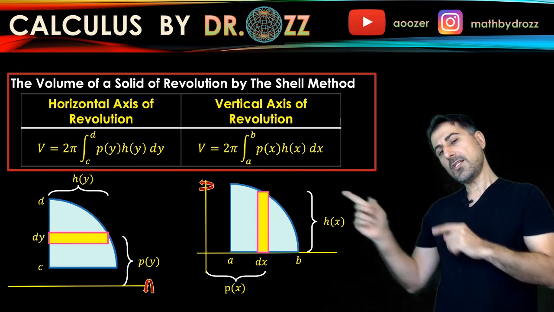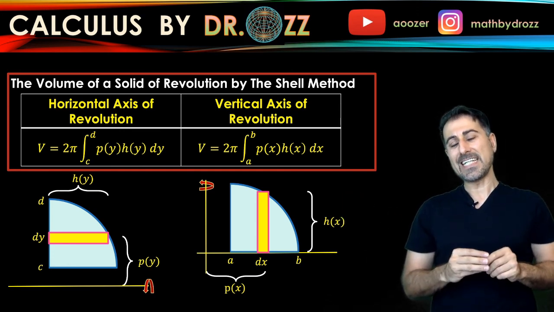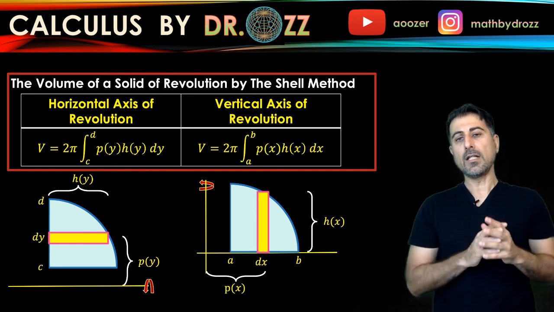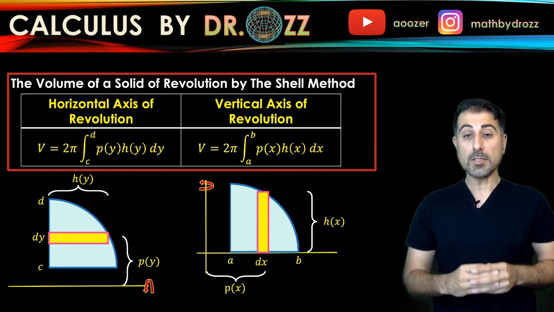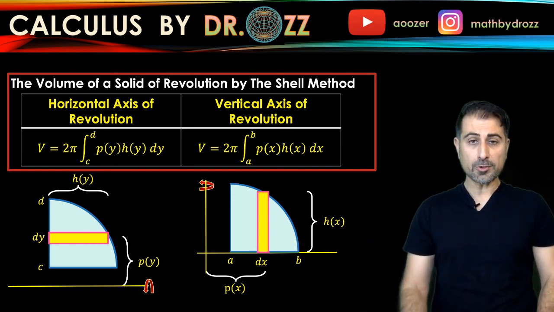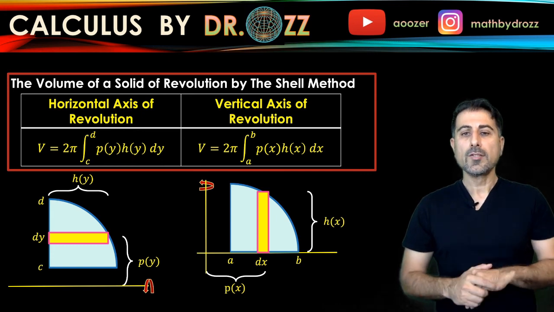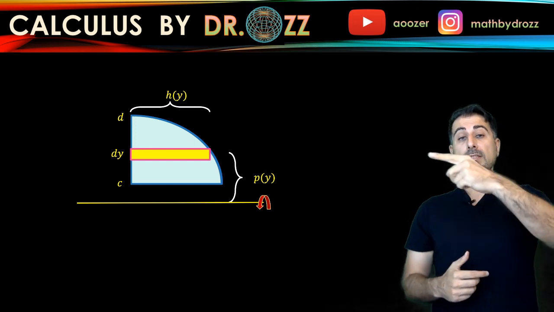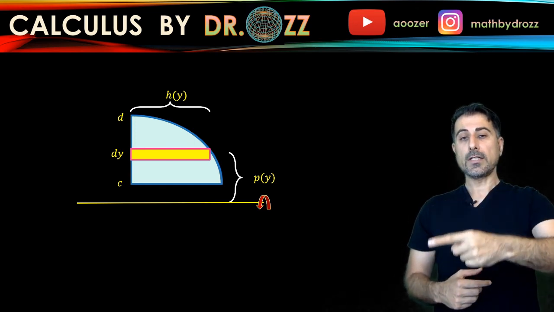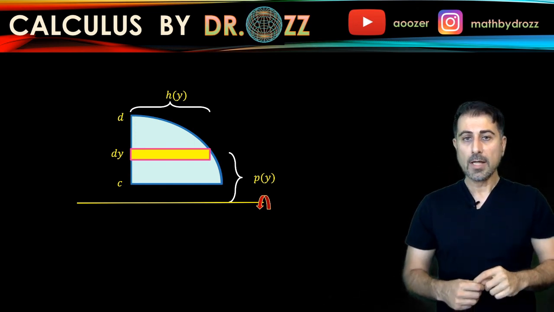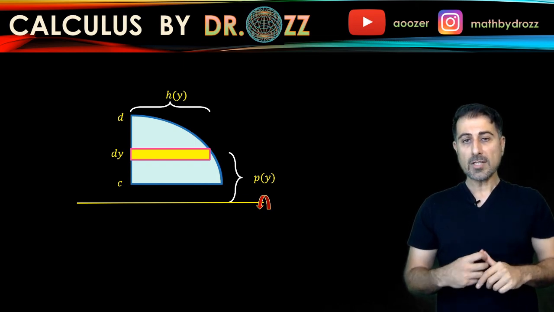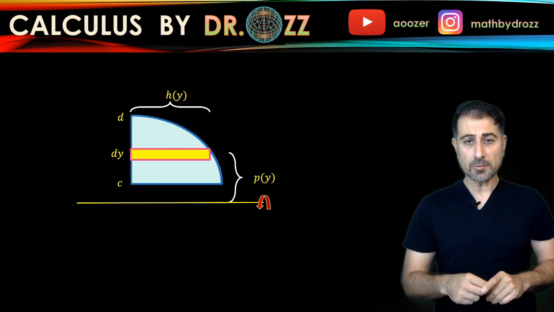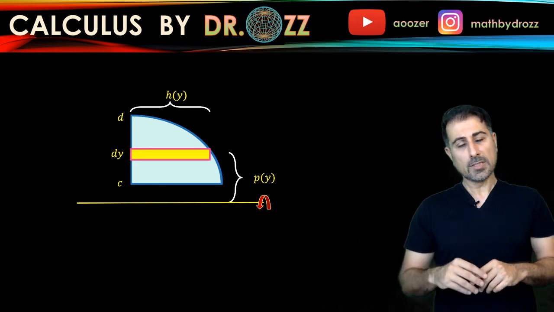As you see at the left corner, we get a slice of a rectangle parallel to the axis of revolution. Once you revolve that rectangle around the x-axis, you get a shell, and you need to have the radius and the height of the shell written in terms of y. These are p and h respectively.